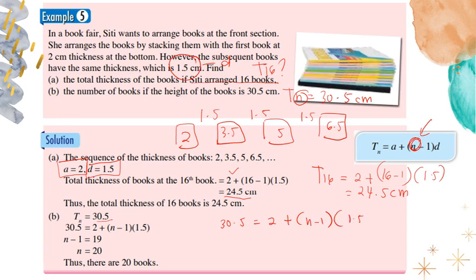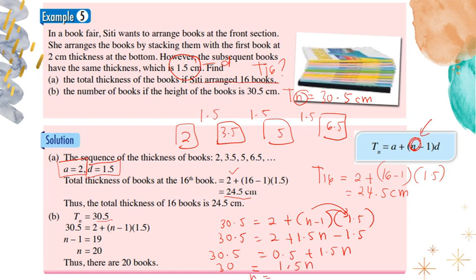D is 1.5. Okay, same step, and then we expand this one. Plus 1.5n minus 1.5, and then you will get 30.5. 2 minus 1.5, you will get 0.5 plus 1.5n, and then you subtract, you will get 30 is equal to 1.5n.